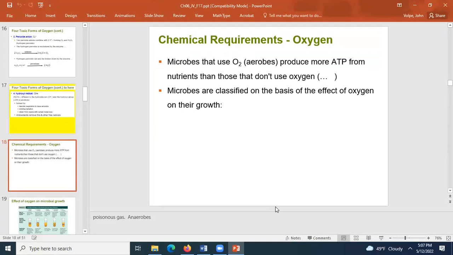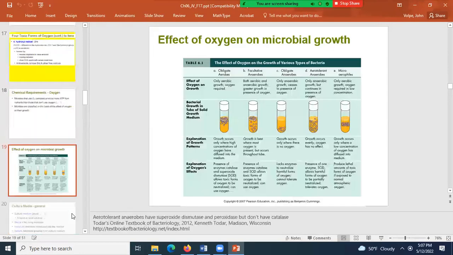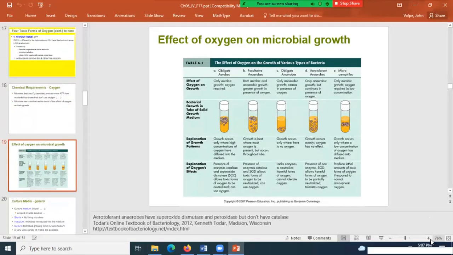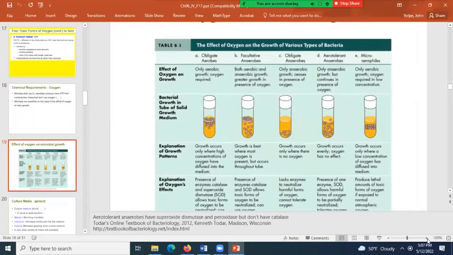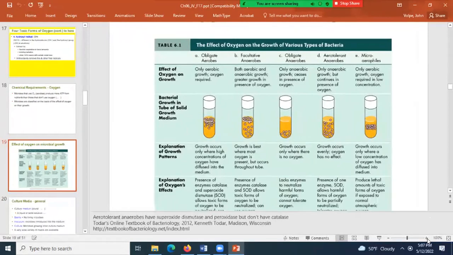Microbes that use oxygen, we call them aerobes. They produce more ATP from nutrients than those microbes that do not use oxygen, and we call those anaerobes. Microbes are classified on the basis of the effect oxygen has on their growth, and you can look at the growth of microorganisms by growing them in a thioglycolate tube.